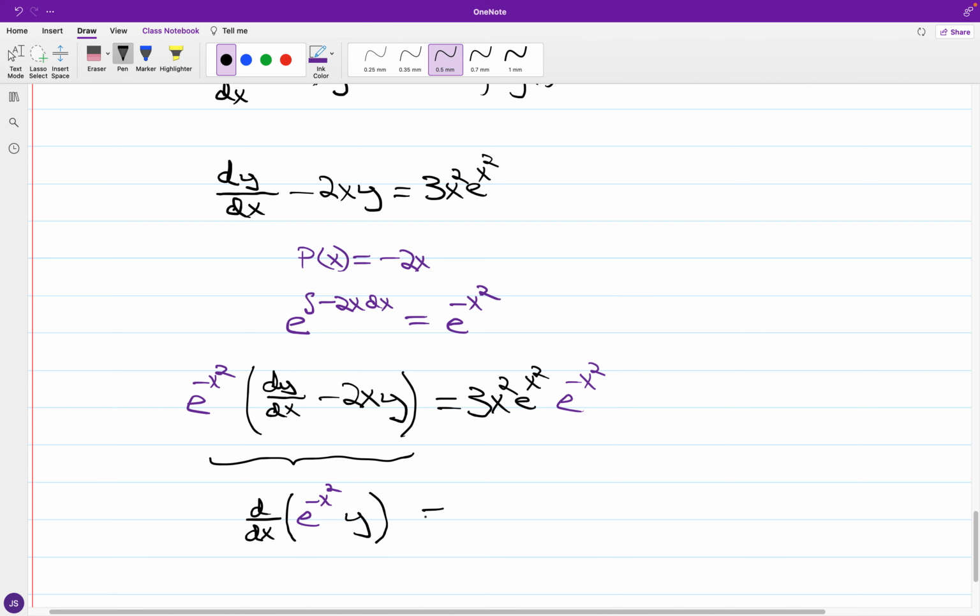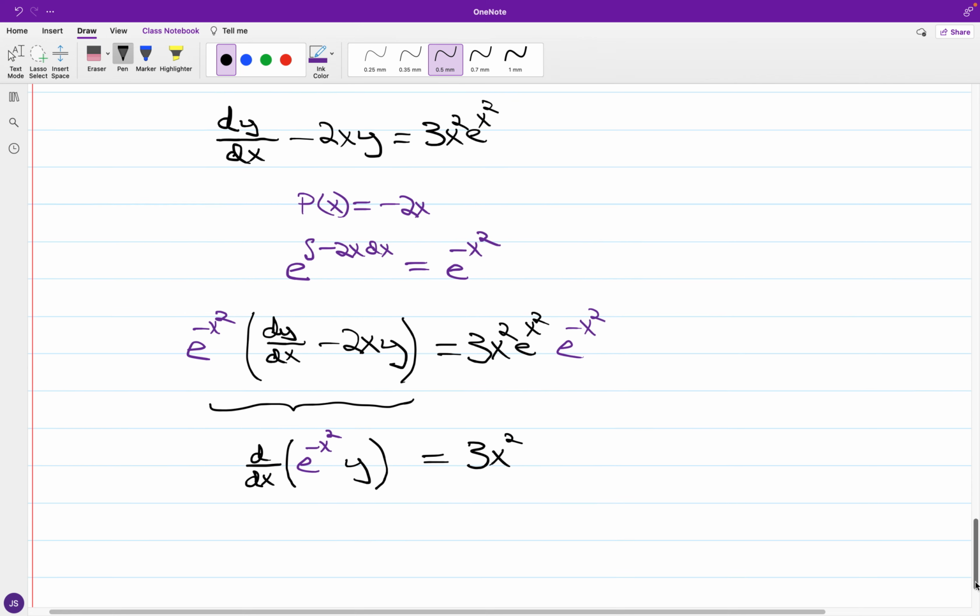And for what we have to the right, you have 3x squared, and for e to the x squared times e to the negative x squared, the result will be e to the x squared minus x squared, and that would be e to the 0, which is 1, and 3x squared times 1 is 3x squared.